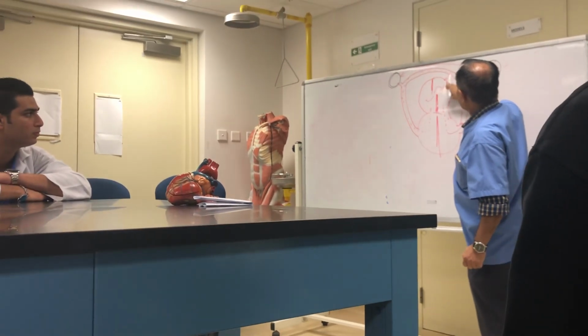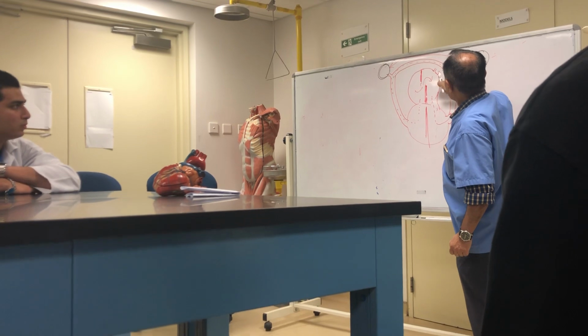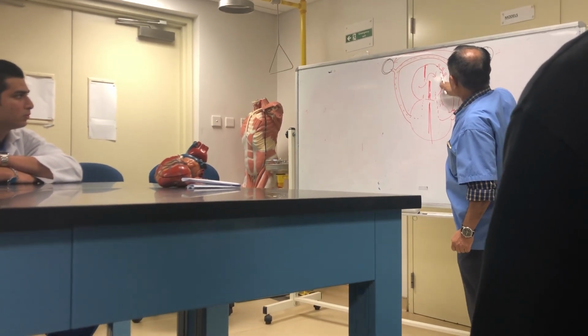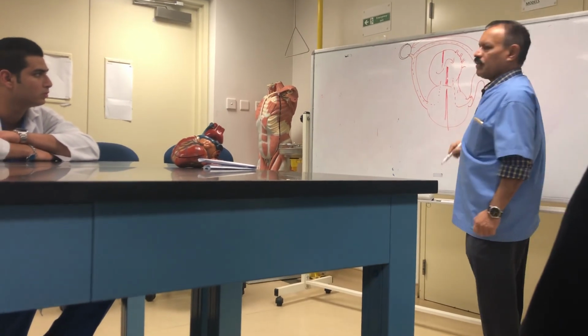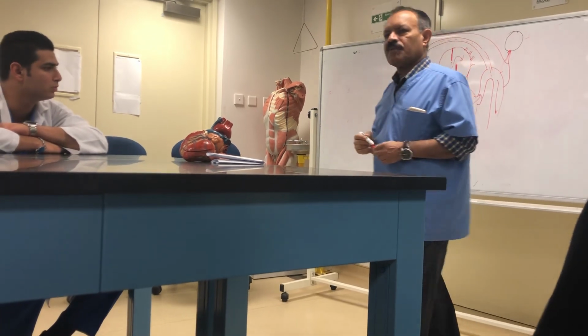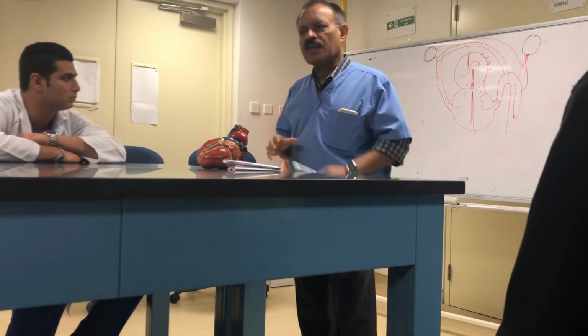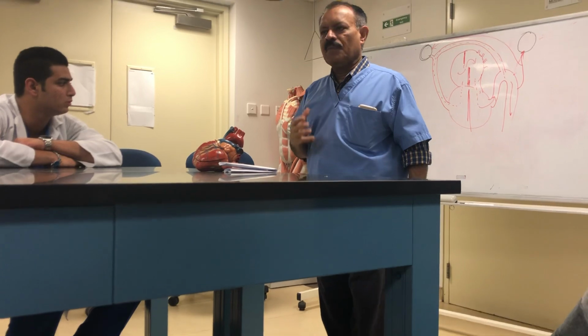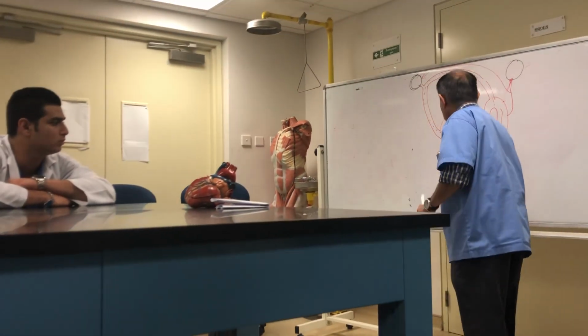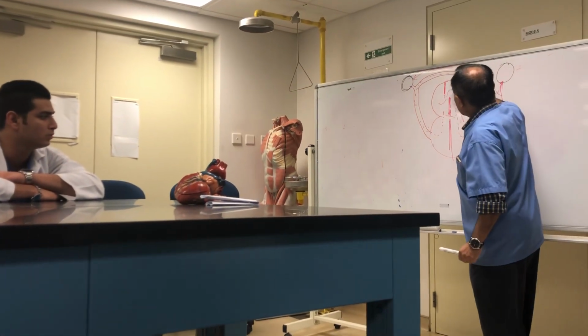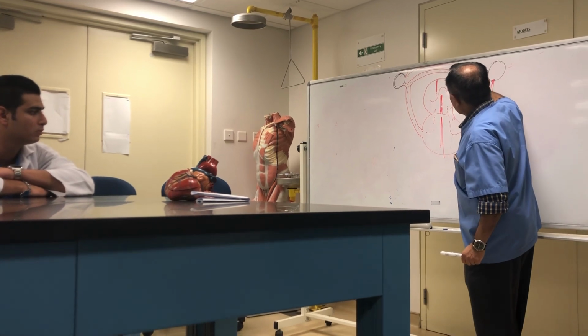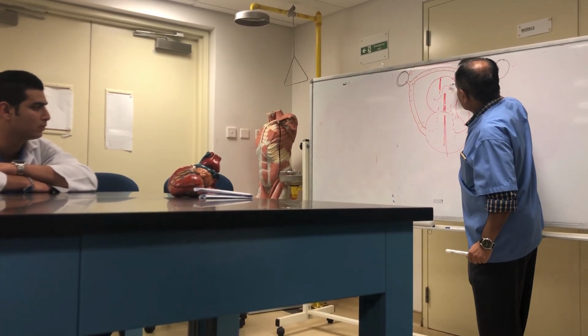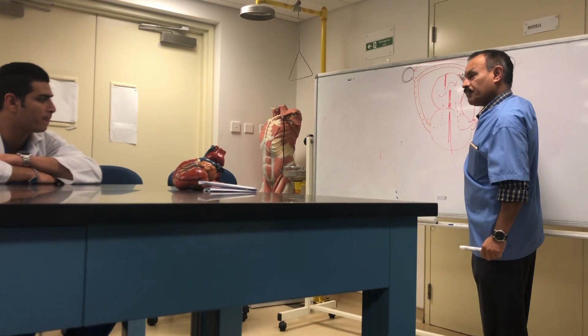These are forming now. What is the name of this? Pulmonary vein. The pulmonary vein is forming at that time. And when the baby is born, now look at what is happening. The baby is born, the first time the blood is pouring into the atrium through the pulmonary vein.